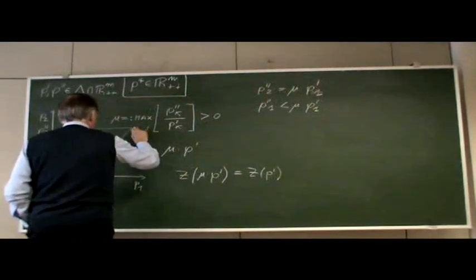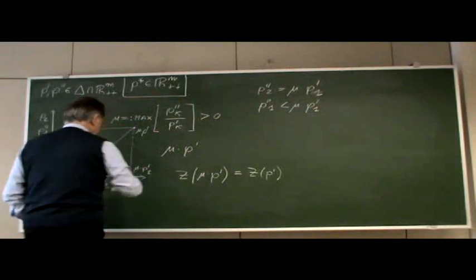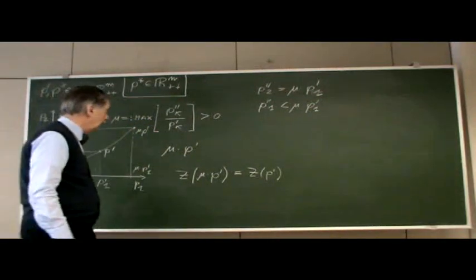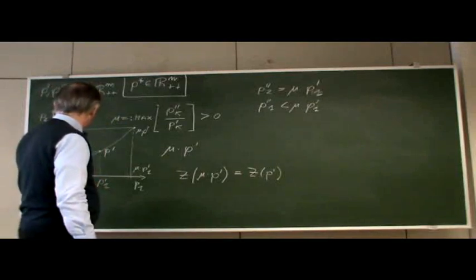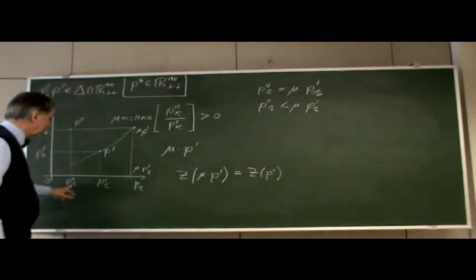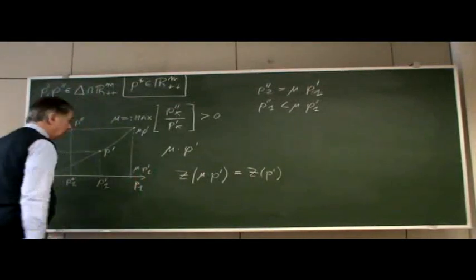Here p double prime 1 is lesser than mu times p prime 1.